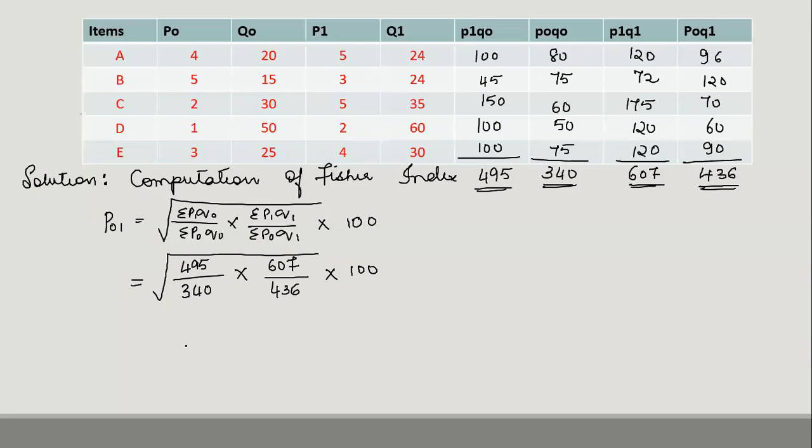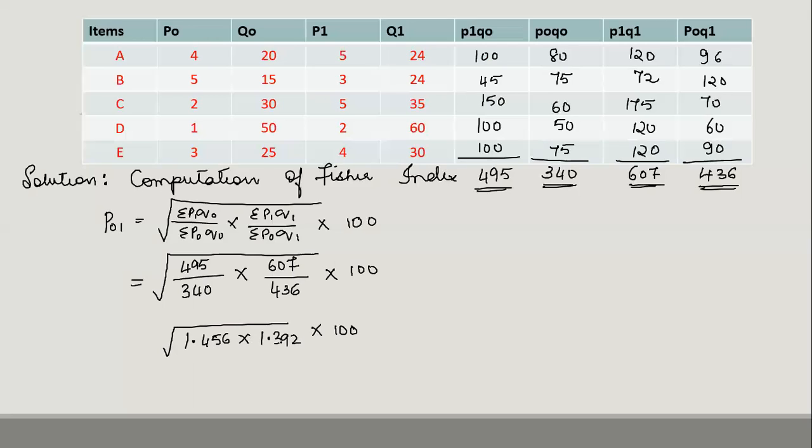So 495 divided by 340 gives 1.456, into 607 divided by 436 which gives 1.392, into 100.